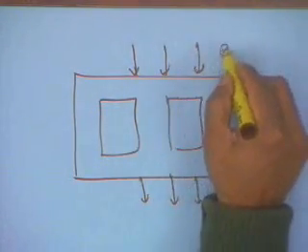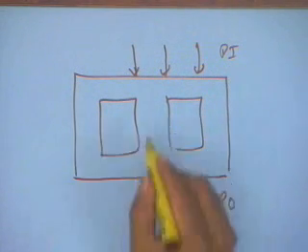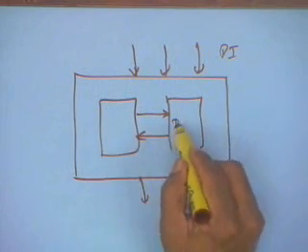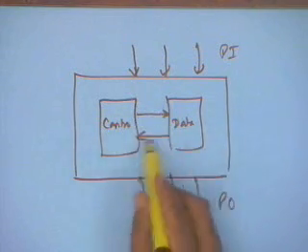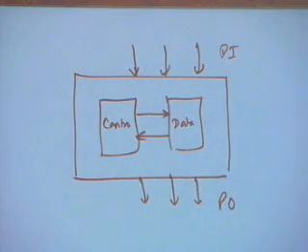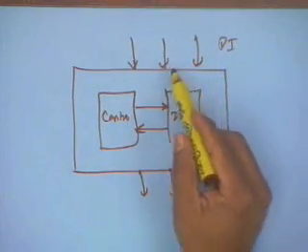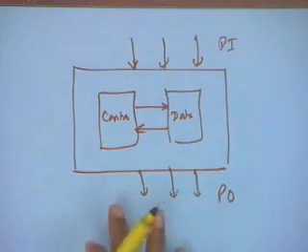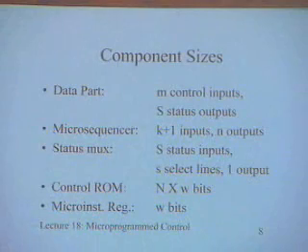These are called the primary inputs and the primary outputs. I am only bothered about this control and data interface. This is data, this is control, then these are the control signals and these are the status signals. Apart from this, typically the primary inputs and primary outputs can be considered to be going to the data part, so I am not talking about that right now. So there are M control inputs and S status outputs.